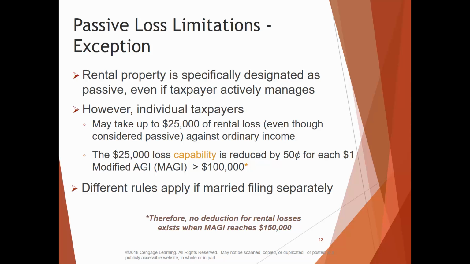But there's an exception to the exception. If you make a good wage, a good modified adjusted gross income, for every dollar over 100,000, you lose the loss 50 cents per dollar that your modified adjusted gross income is over 100. So what am I telling you here, really? Let's just do the broad brush strokes and then we can do the numbers. It's not as bad as it looks. It's for exactly what I was describing.